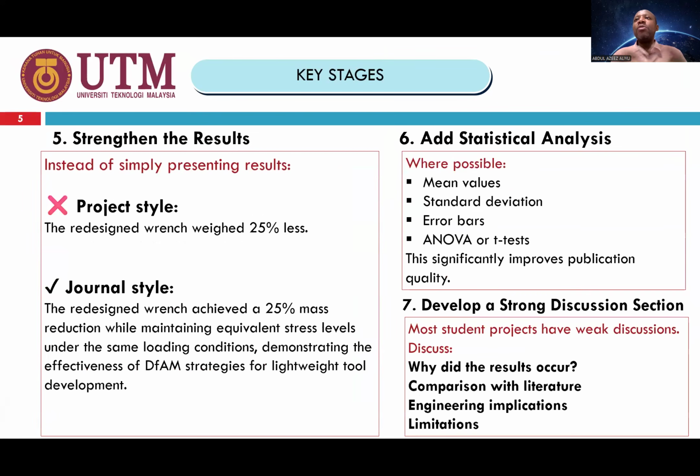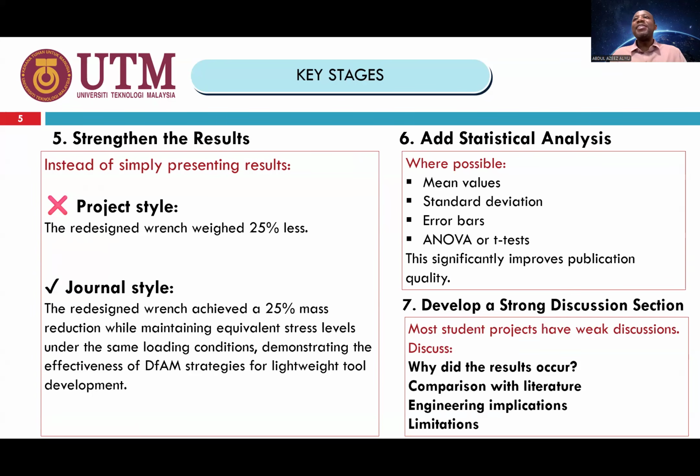And after this, you look at the results section, which needs to be strengthened to have a quality result. You need to strengthen this section because in most FYP projects, the results are simply presented. For instance, you undergo a topology optimization of a conventional wrench, maybe just to reduce the weight of the wrench. In an FYP project, you may just state the design weight is reduced by 25%.